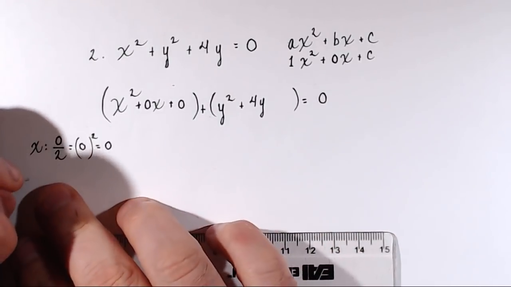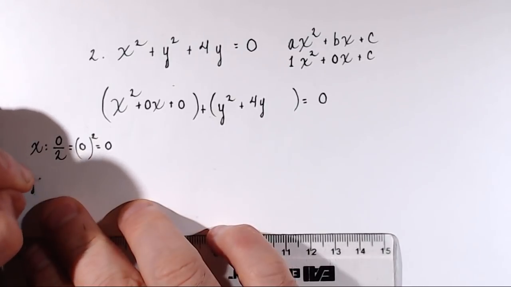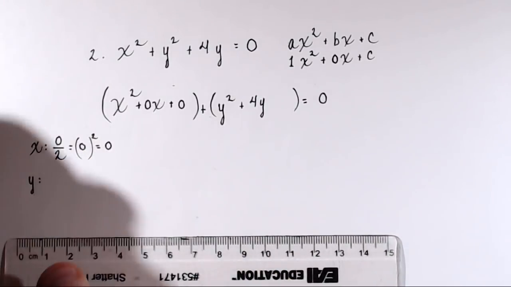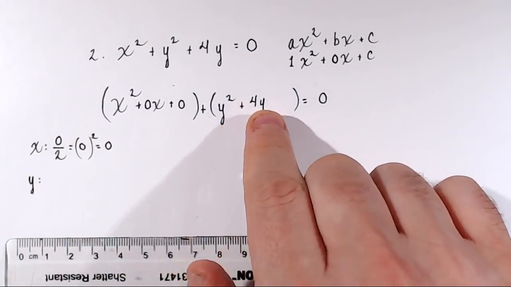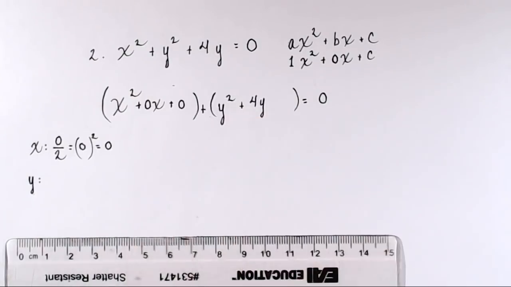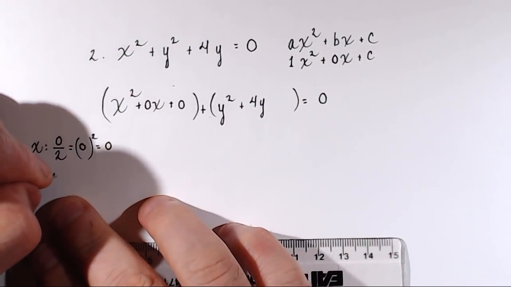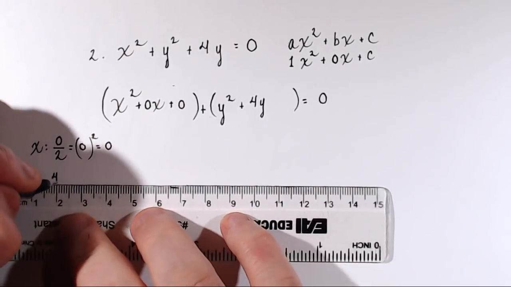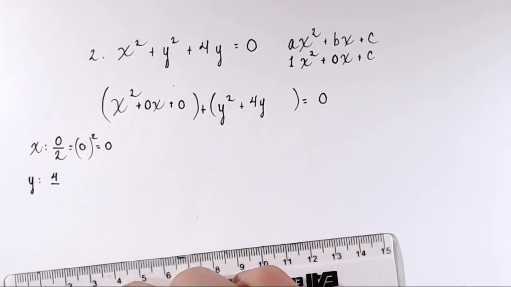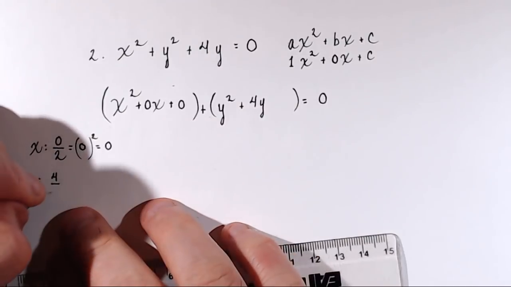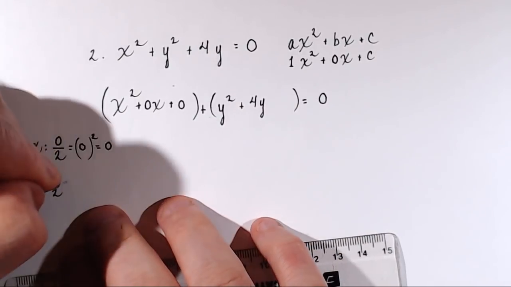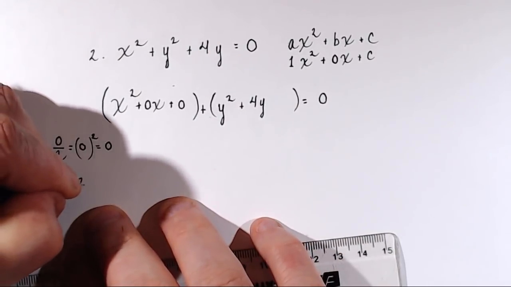For the y term, we have a little bit more interesting work to do. We have positive 4y, so the linear coefficient is positive 4. I'll take half the linear coefficient of 4, 4 divided by 2, and that equals 2.